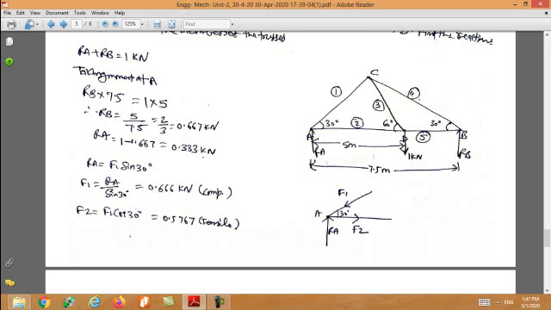So F1 is 0.666 and it comes positive. It means it is true, which you have selected randomly. Suppose it comes negative, then what will you do? You change the direction of F1. In the same way, F2 is equal to F1 cos 30. So you can calculate the value.